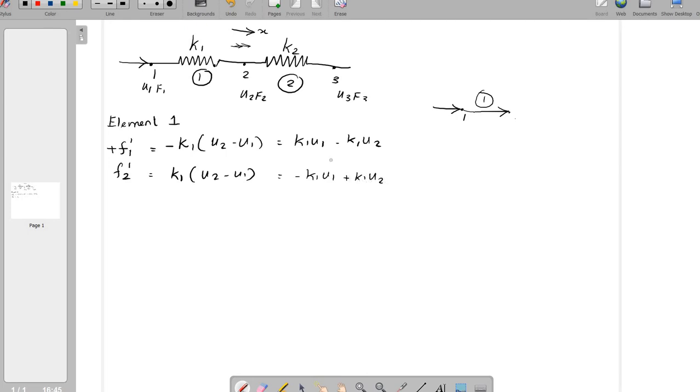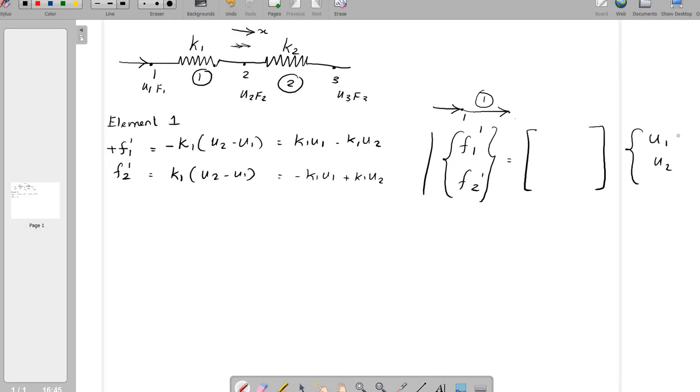So in matrix format, the force for the first node and the second node for the element number 1 is equal to, so this is the force vector, which is equal to the K matrix into the displacement vector, that is U1 and U2.